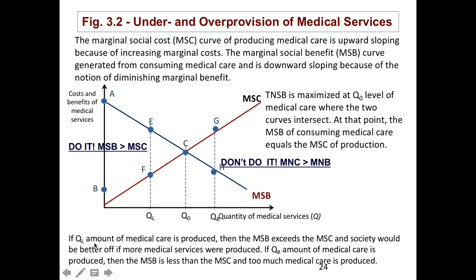So if Q1 amount of medical care is produced, then the marginal social benefits exceed the marginal social cost, and society would be better off if we produce more medical care. Any production after this point, we are basically losing value, losing money, because the marginal social cost is greater than the marginal social benefit.